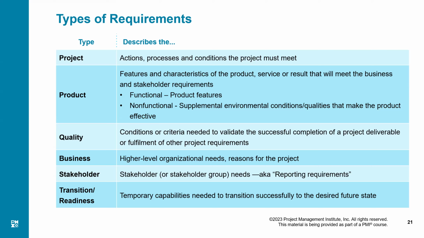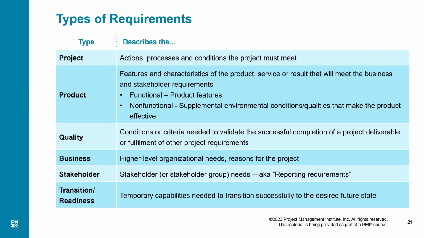Last but not the least is the transition or readiness requirements. These are those requirements which are associated with the delivery of the physical product to the customer. Or maybe that would include movement of the product of the project to the customer site, maybe installation of equipment if that is needed, training of the customer's people who will actually be using the product of the project.